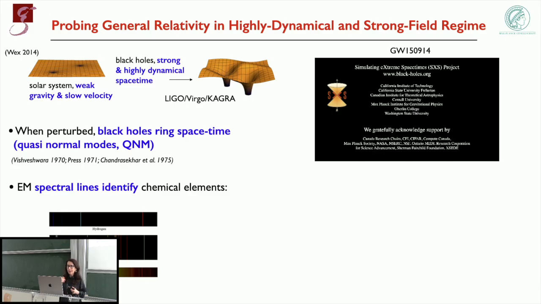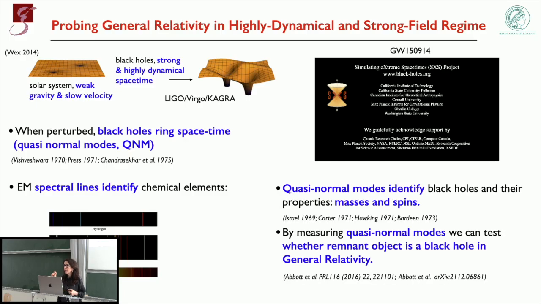In the same way as spectral lines in electromagnetism can identify the chemical elements, whether it's hydrogen, neon, beryllium, etc., it turns out in general relativity, the quasi-normal mode frequency only depends on the mass and the spin of the black hole. So if you can measure these quasi-normal modes, you can test whether they are consistent with general relativity or they may violate general relativity.